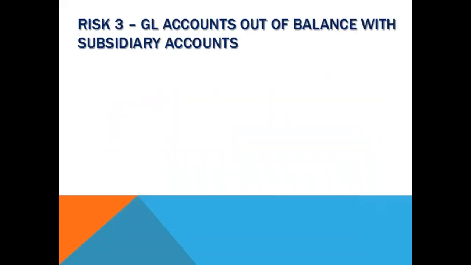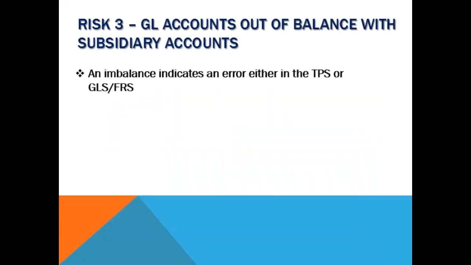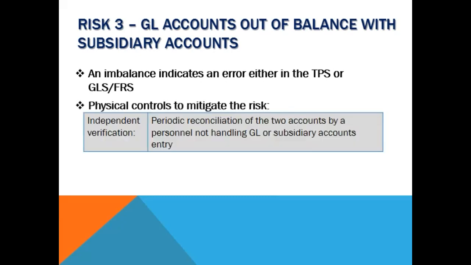When GL accounts are out of balance with the subsidiary accounts, it signals an error either in the TPS or the GLS FRS systems. The physical control to mitigate this risk is to implement independent verification. A common way is to have periodic reconciliation of the two accounts by a personnel not handling entry to the GL or subsidiary accounts.